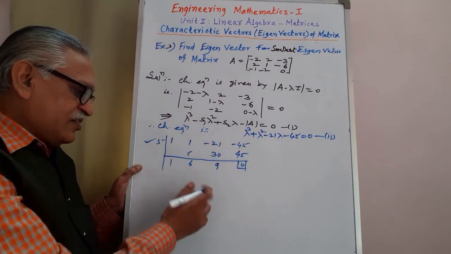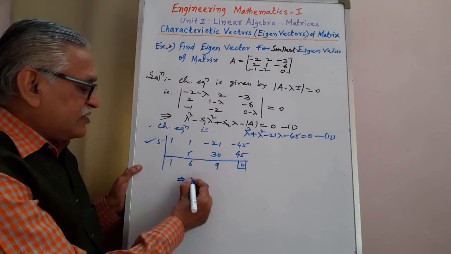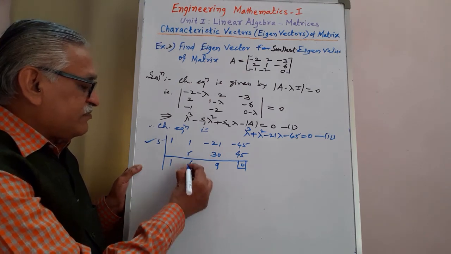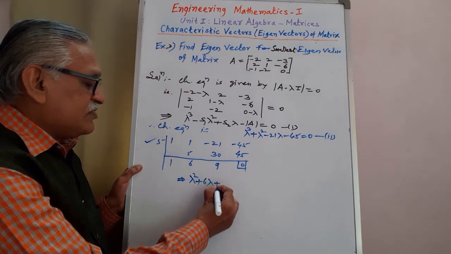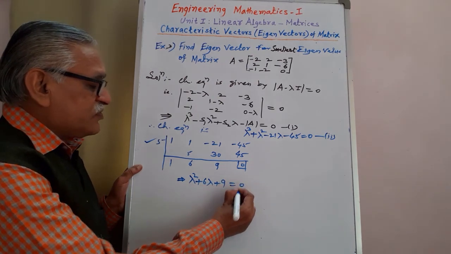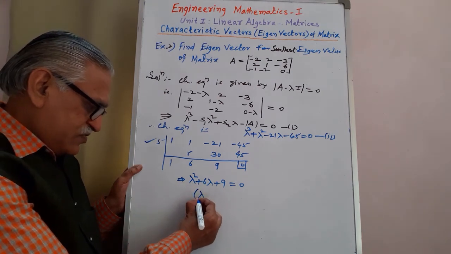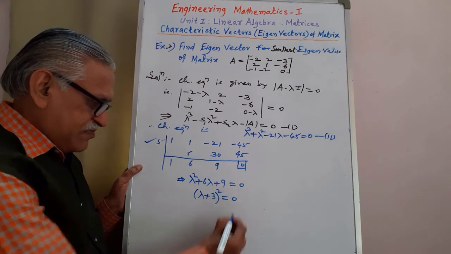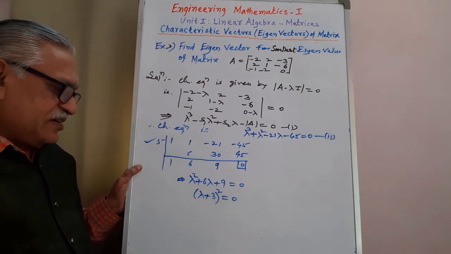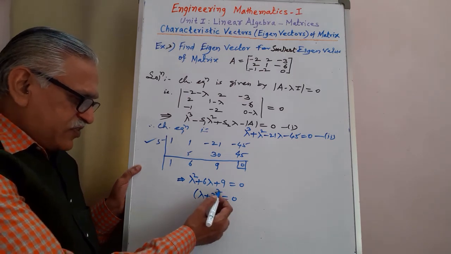Removing first factor, second factor is quadratic equation lambda square plus 6 lambda plus 9 equals to 0. It is a perfect square of lambda plus 3, that bracket square equals to 0.